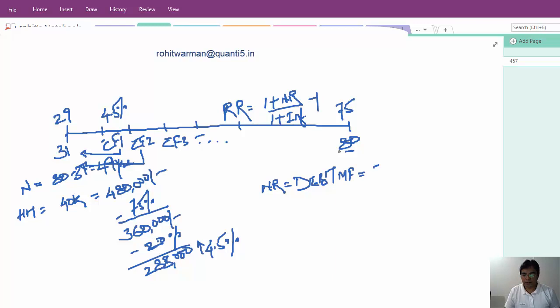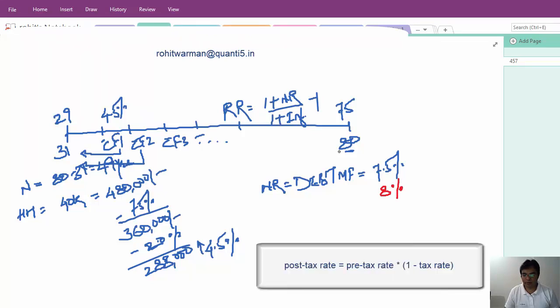The rate mentioned is 7.5%. At the same time, there is a tax also, and the tax applicable is 8% on 7.5%. So this we have to reduce. We have to take net of taxes, or the post-tax return.